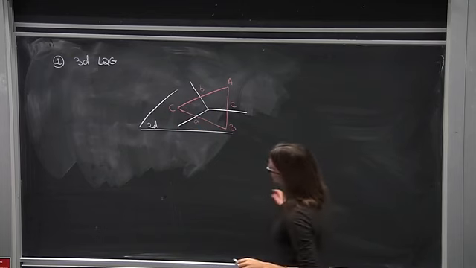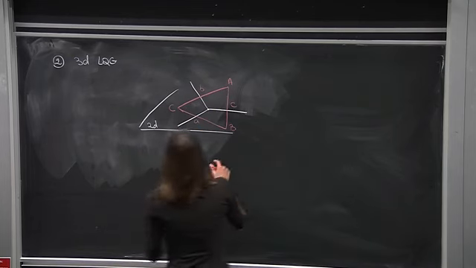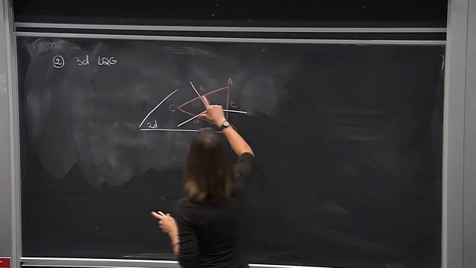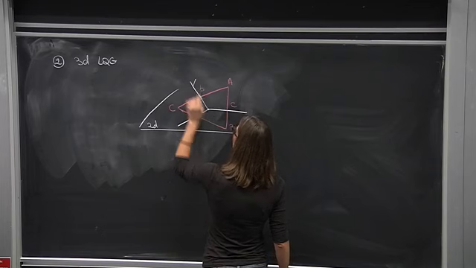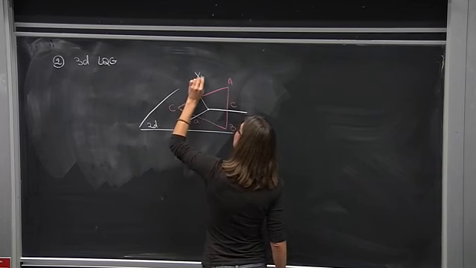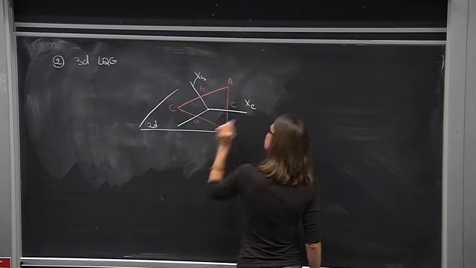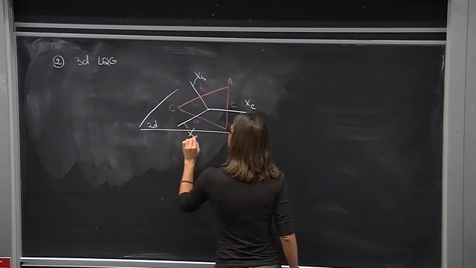As I said, an important variable to associate to this graph are the flux variables. To each edge of my graph, now I have X_B flux, X_C, and X_A.